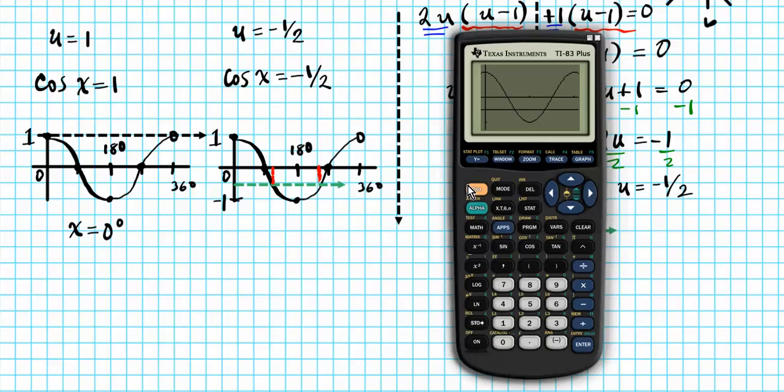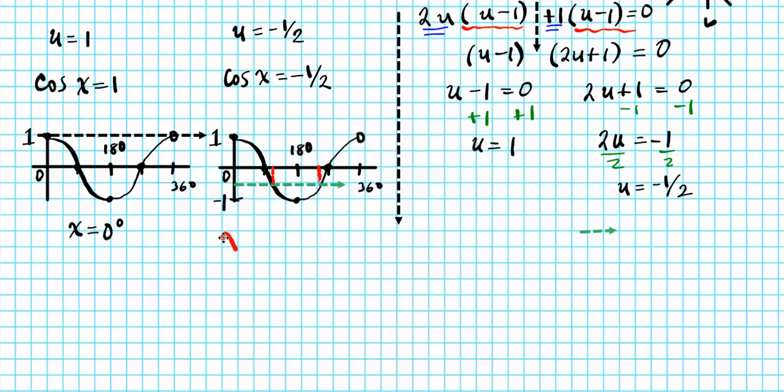So second function, calculate, option number 5. First curve, enter, second curve, enter, guess. Just move your cursor to anywhere close to the intersection point. So there you go. Press enter. Bam. First answer is 120 degrees. So x equals 120 degrees.